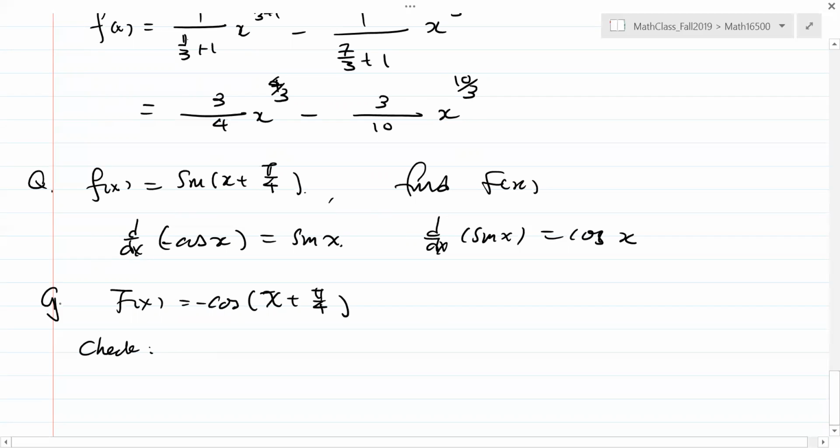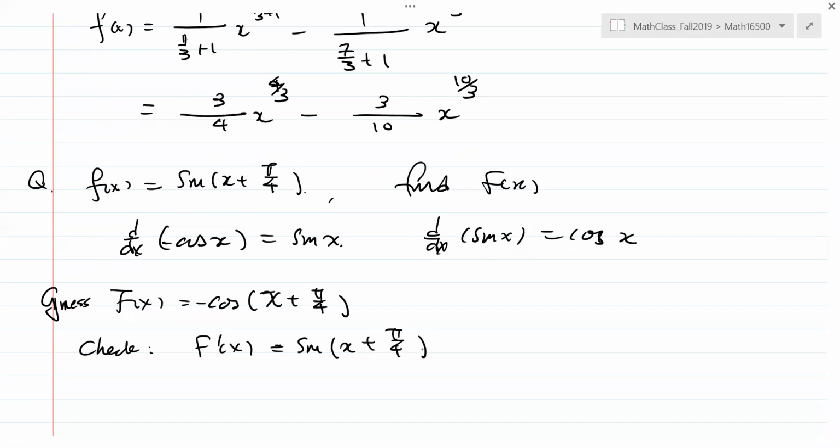Make a guess, then the derivative of negative cosine becomes sine of x plus pi/4. Then you differentiate x plus pi/4 and you get a 1. So that is the answer.